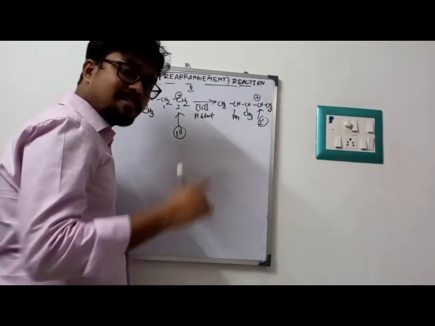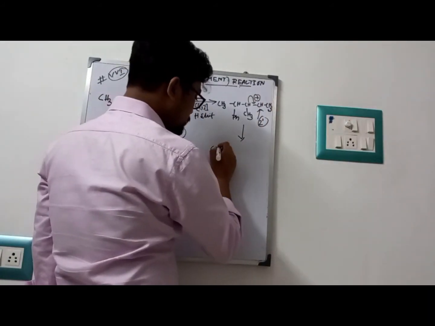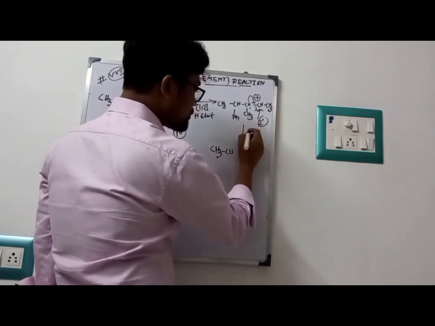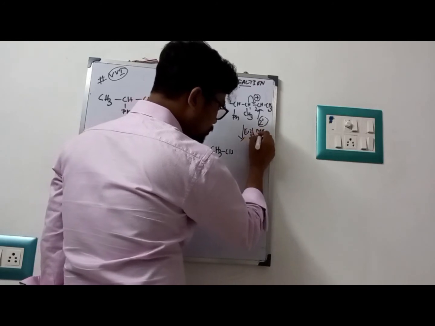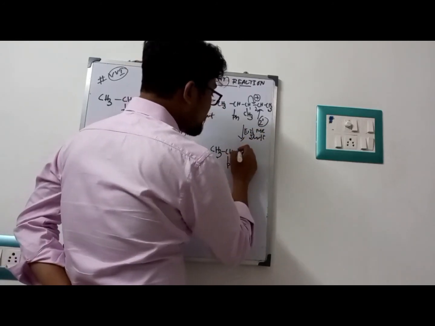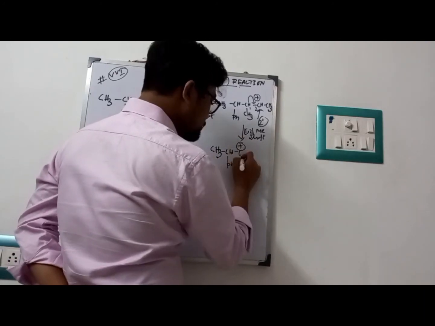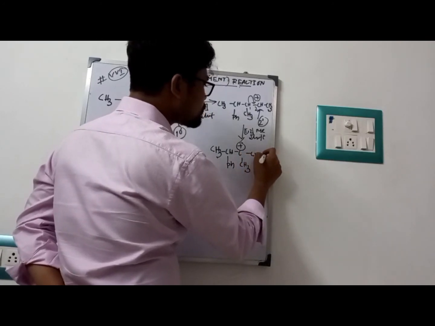Is there any chance of further stability? Yes. If this hydrogen will shift in this position, it is also a 1,2 methyl shift. Then what happens? CH, Ph, C plus CH3, CH2, CH3.